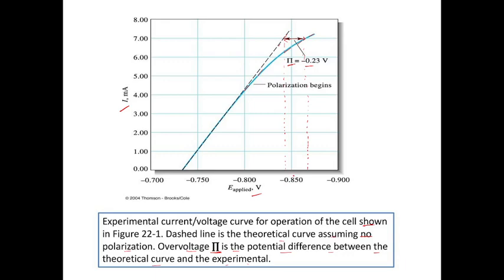Suppose it is 0.84, I am not scaling it exactly, just for understanding, and it is 0.86. So you need to apply a higher voltage to get this current. Theoretically it should be here only, minus 0.84, but actually you need to apply minus 0.86. It is due to the polarization effect. So by this way we can calculate this.